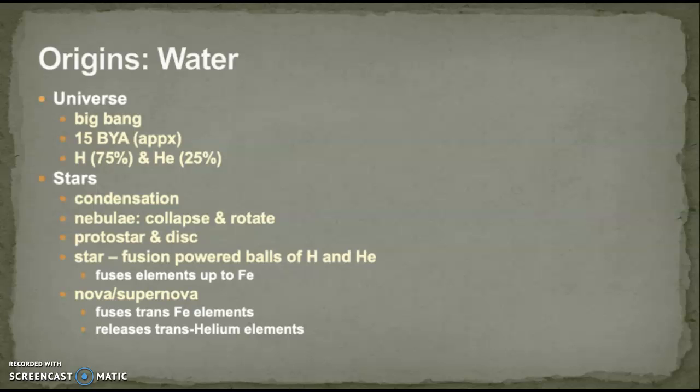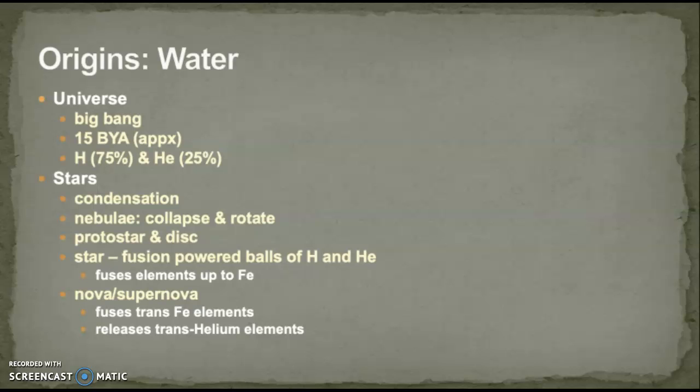So really the source ultimately of the ocean's water is hydrogen from the origin of the universe, plus oxygen and all those other dissolved elements that we find in seawater from the ultimate collapse of these stars into novas and supernovas, which then spread that material back out into space and again provide for the next generation of stars.